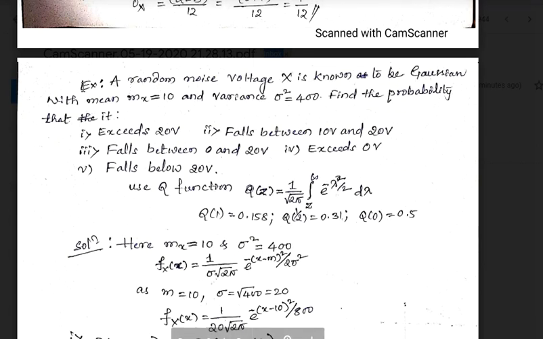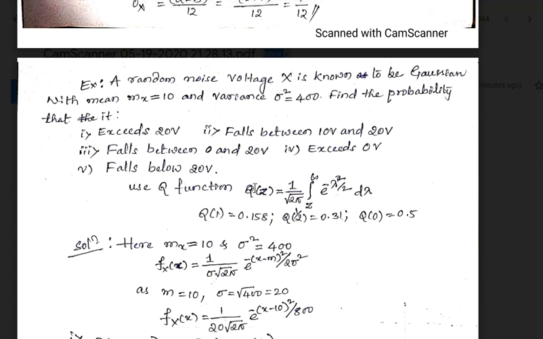Then another kind of problem: a random noise voltage x is known to be Gaussian with mean mx equal to 10 and variance sigma x square equal to 400. Find the probability that it exceeds 20 volts, falls between 10 and 20 volts, falls between 0 and 20 volts, exceeds 0 volts, and falls below 20 volts.